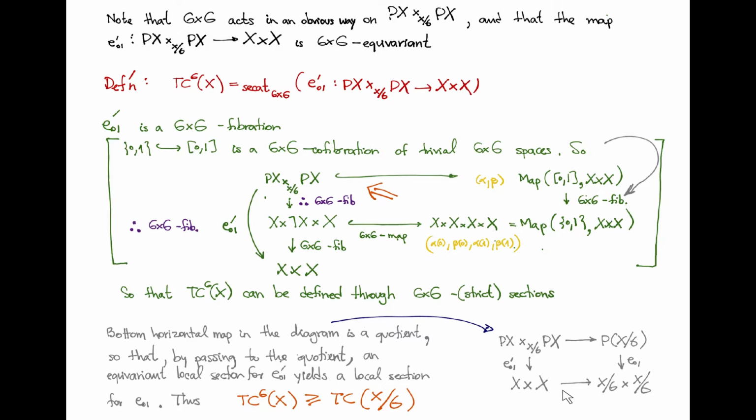And notice that this is open. So if I have a local section here, which is equivariant, then I can just continue to here and pass it to the quotient because it's a quotient map, and I would have a regular section for the other one, which gives me this much of the inequalities.